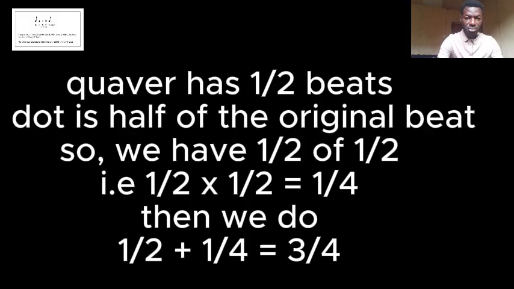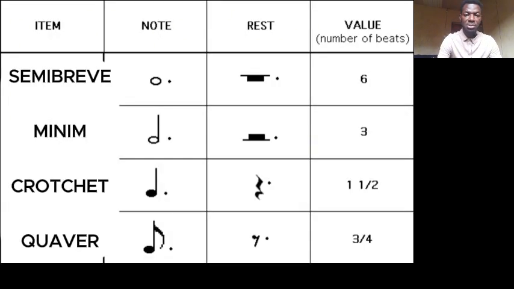Alright, now I believe this is quite clear. Remember, a semibreve has 4 beats, a dotted semibreve will have what, 6, a minim has 2 beats, a dotted minim will have what, 3 beats, a crotchet has 1 beat, a dotted crotchet will have what, one whole number 1/2 beats, that's 1.5 beats. And a quaver has 1/2 beat, a dotted quaver will have what, 3/4 beat.